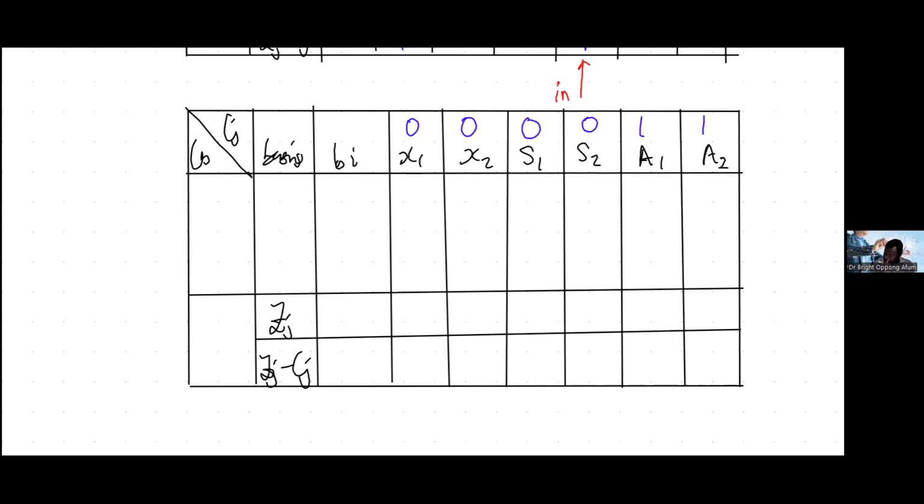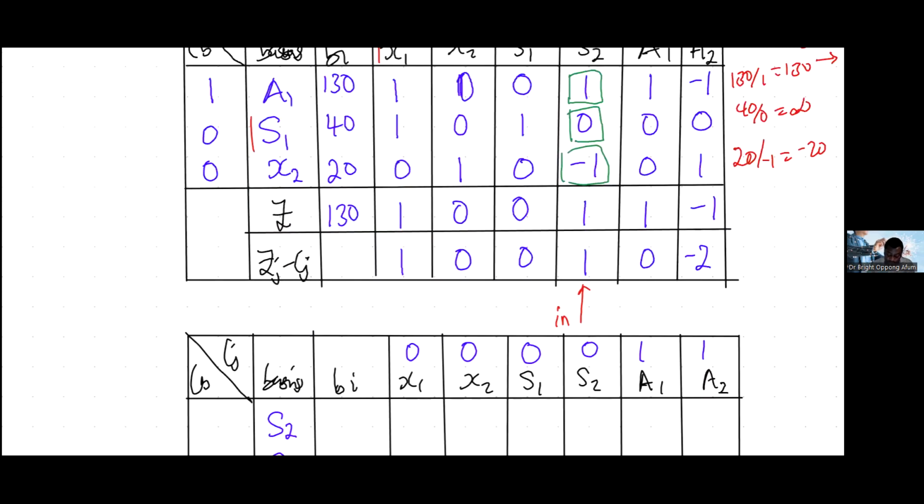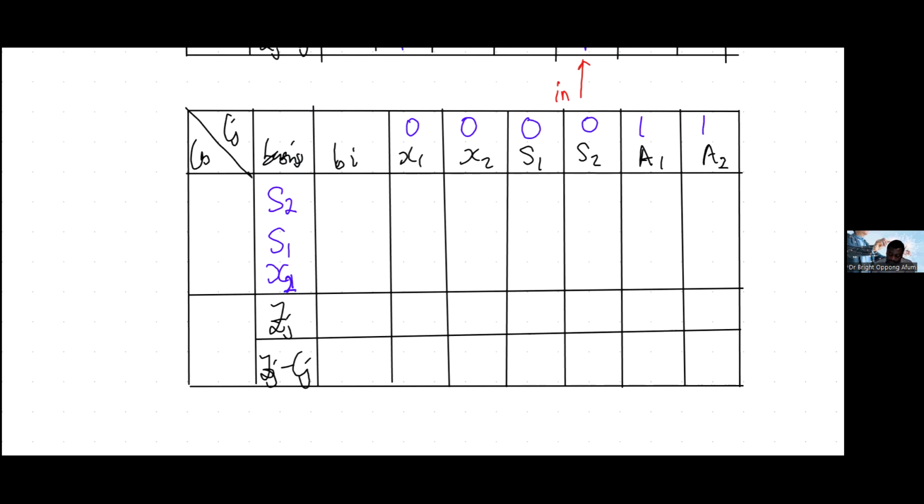Now the solution basis is S2 goes to replace A1. S1 is here, and we have X2 here. So all three are zeros. The BIs, now we have 1.